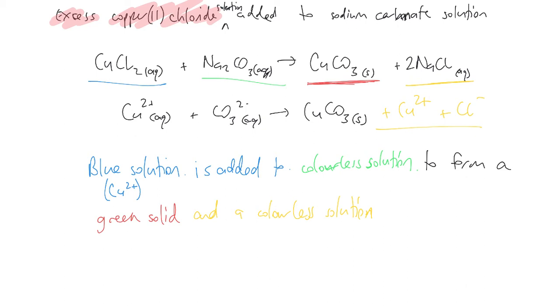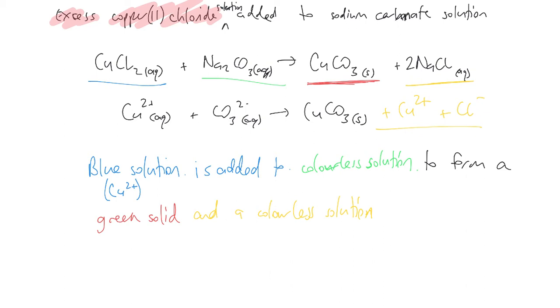Does that make sense? Because it's in excess. Now, I don't actually write this in the equation, in the ionic equation. I'm just writing that out just to show you the idea. Okay? So, those copper 2+ ions are present.